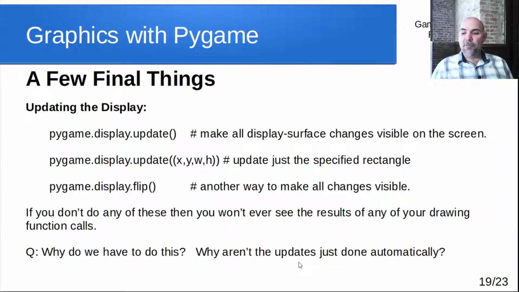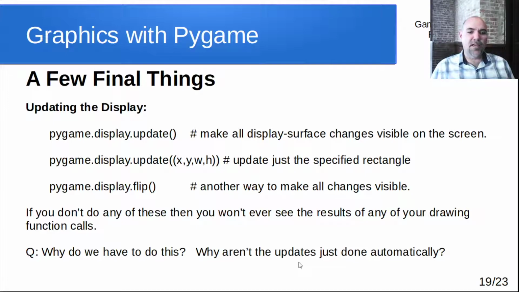Okay, a couple final things, and then there is going to be a lab where you're going to do some stuff with this. We're going to do an example in a second as well, and then I'm going to turn you loose on working on that lab. But notice that updating the display is a really important topic. When you draw things on the display, they don't show up until you tell it to update the display.